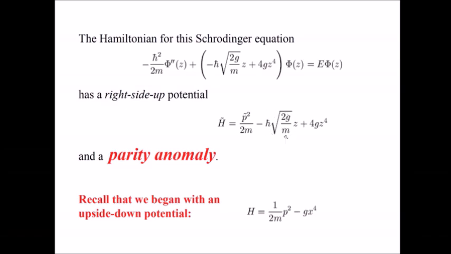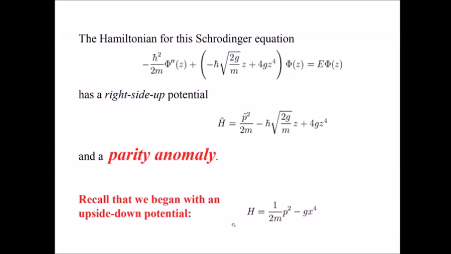This is the remnant of the PT symmetry. The parity symmetry, because we did a Fourier transform, is not at infinity, but rather it's at the origin. And this Z vanishes at the origin. So by doing a Fourier transform, we've taken some very strange behavior at infinity and moved it down to the origin, but it's proportional to h bar. And this is called a parity anomaly.